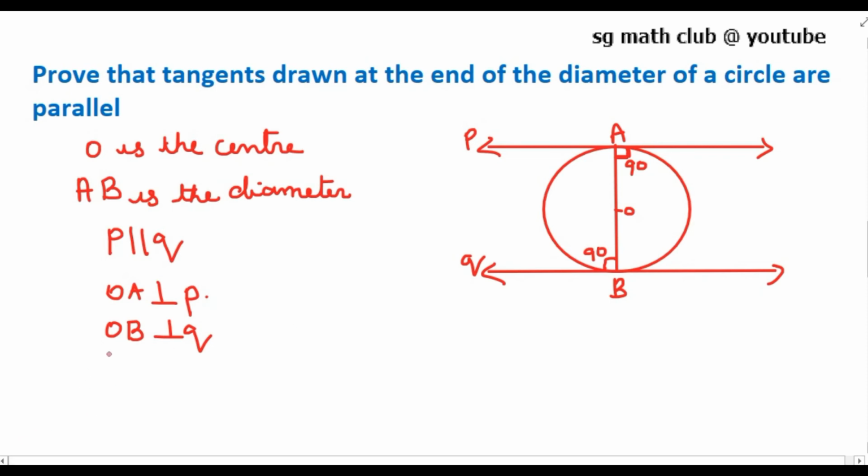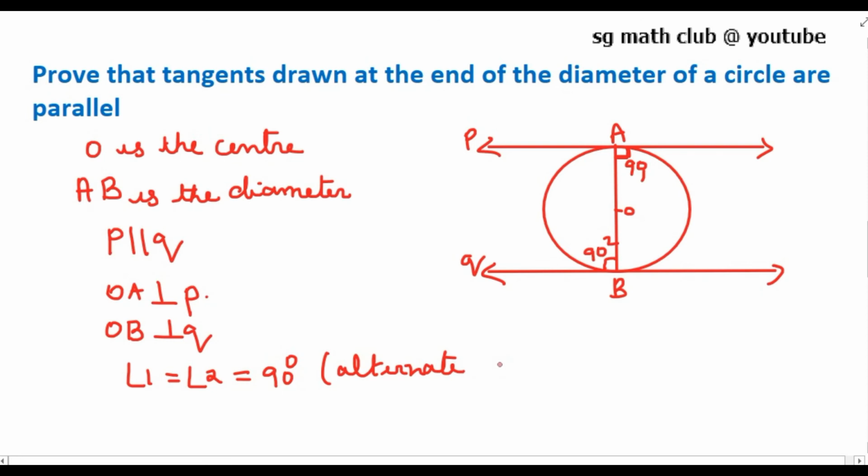So we can say that these two angles are equal. If I name this angle as 1 and this as 2, angle 1 is equal to angle 2, both equal to 90 degrees. They are alternate angles.